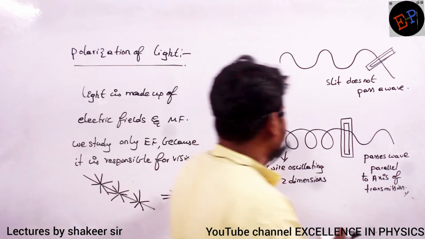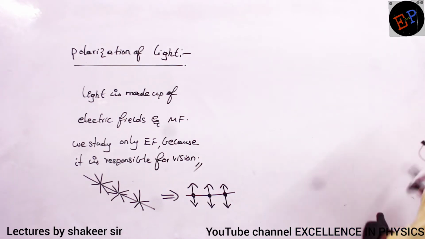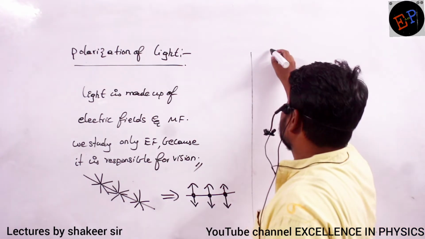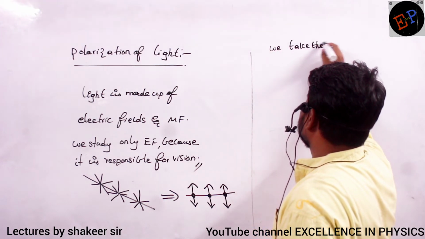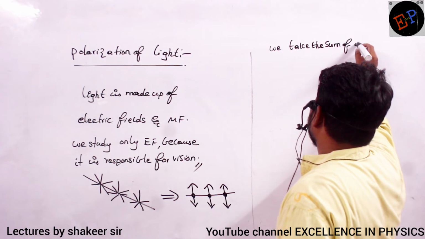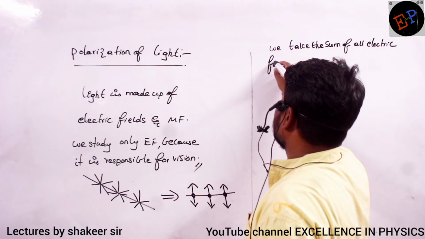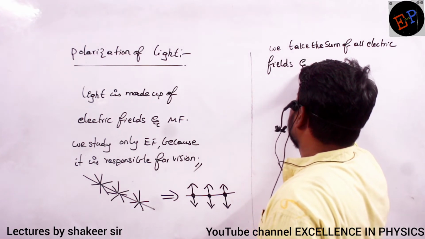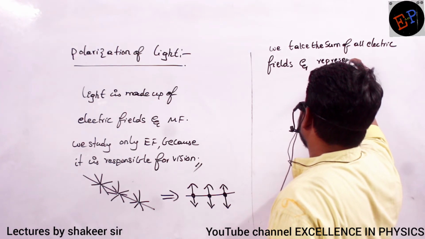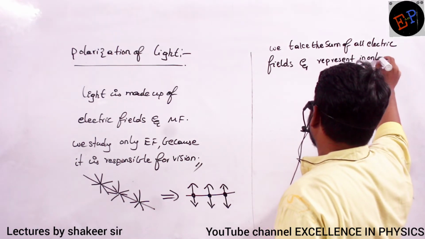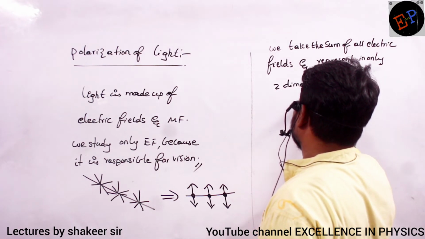So what we write here, we take the sum of all electric fields, clear ma, and represent in only 2 dimensions. Okay ma?